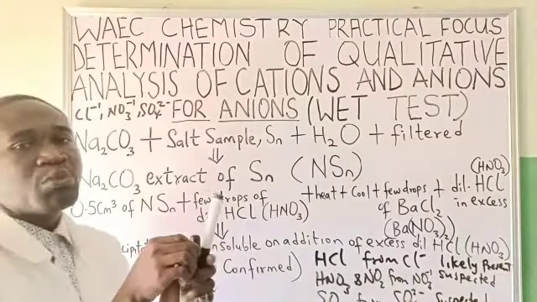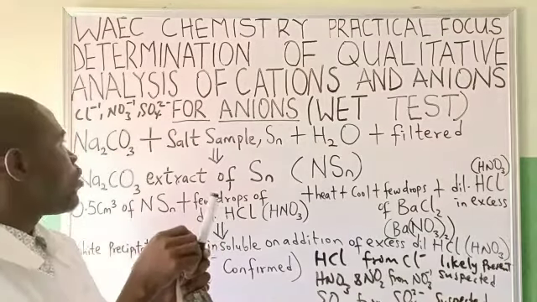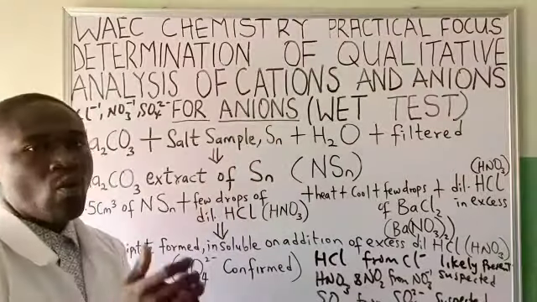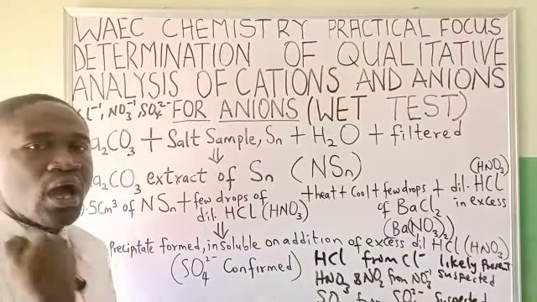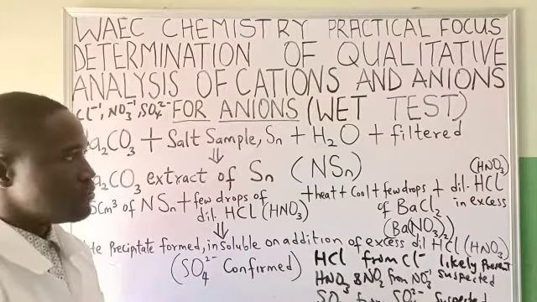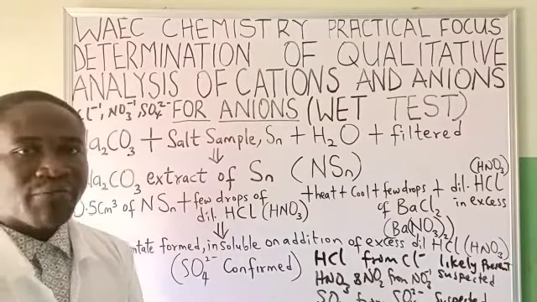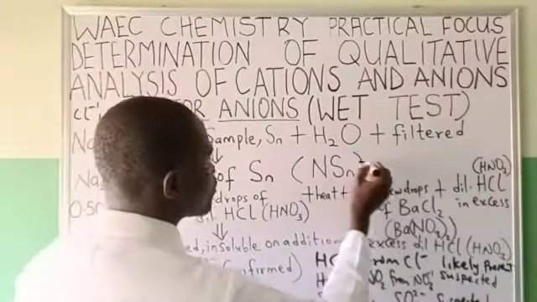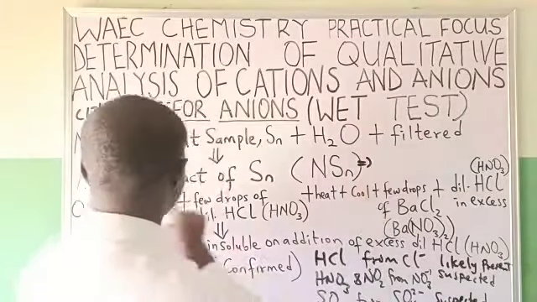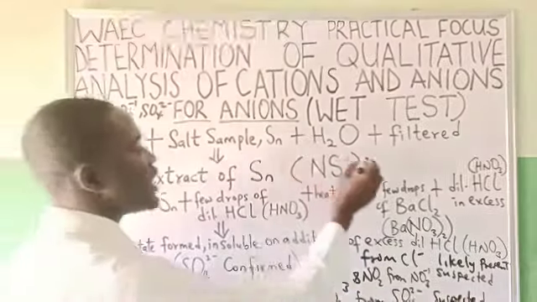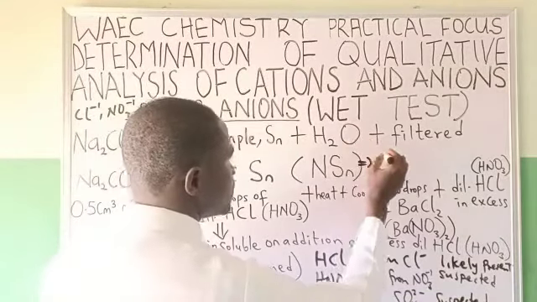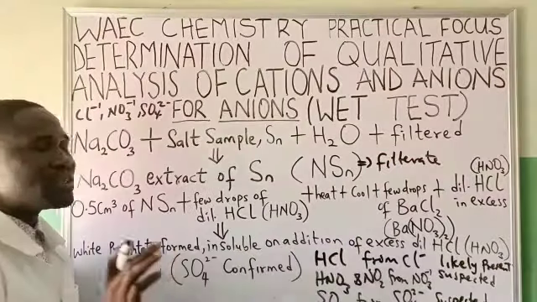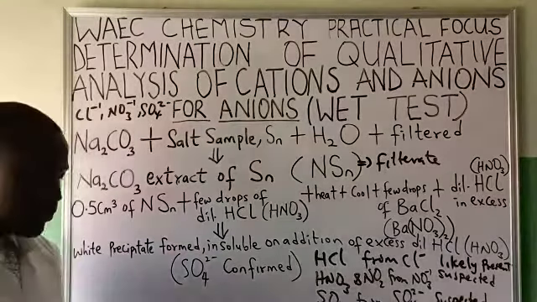So I put small quantity of the salt sample, small quantity of the sodium carbonate, and I've added my water. I'll shake it well so that both of them will mix well. Then filter them with my filter paper. Once I do that, my filtrate is what we will call sodium carbonate extract of that salt sample. This is my filtrate. We call it sodium carbonate extract of that salt sample.